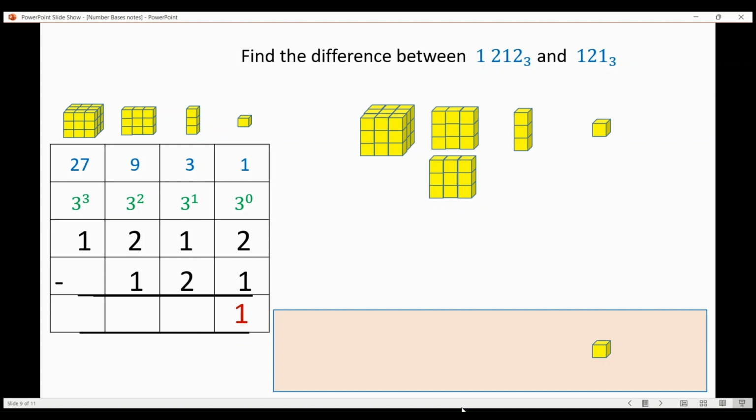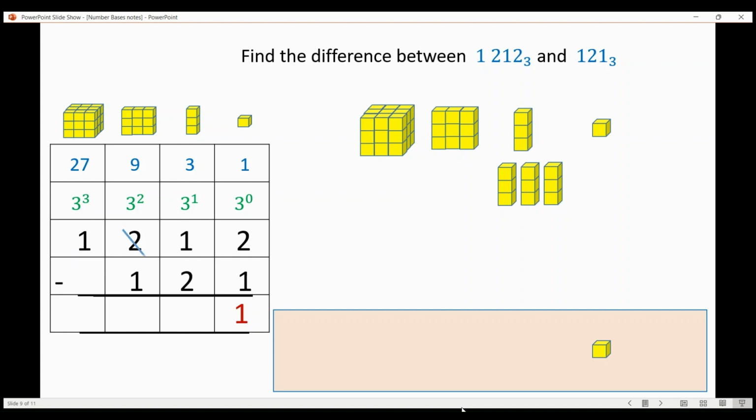Good. For the next step now, we have 1 group of 3 presently, and we would like to remove 2 groups of 3. And we can see that from our algorithm, we don't have enough groups of 3 to remove. So what do we do? We look at the next stage, and we have a group of 9. That group of 9 can be replaced, and we've formed 3 groups of 3. So now, how is that represented?